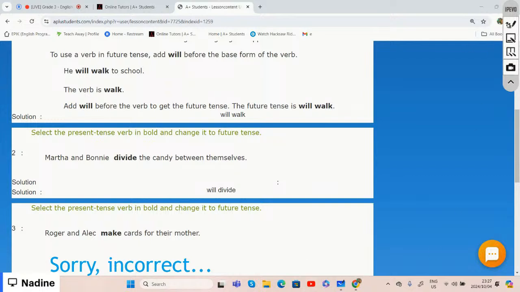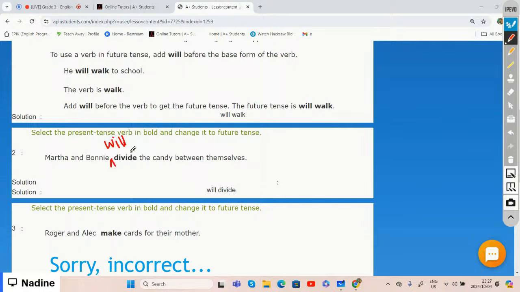So we can then say Martha and Bonnie, and we add will in front of this: will divide the candy between themselves. Yes, well done. So we say will divide, will sit, will sleep.